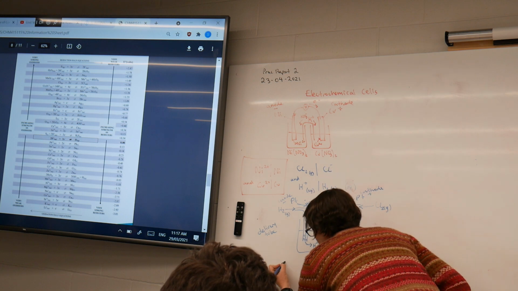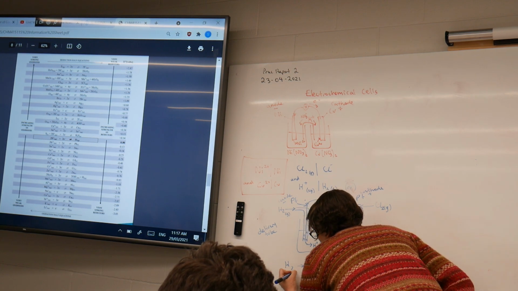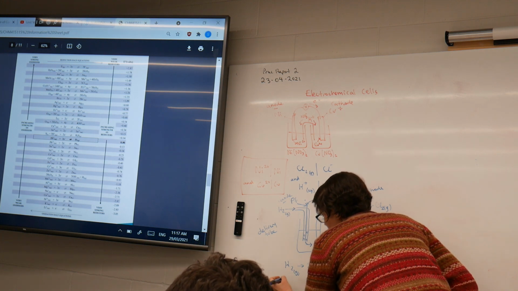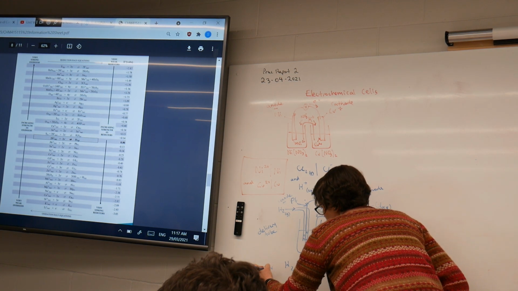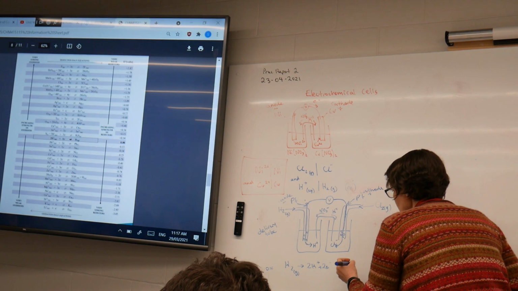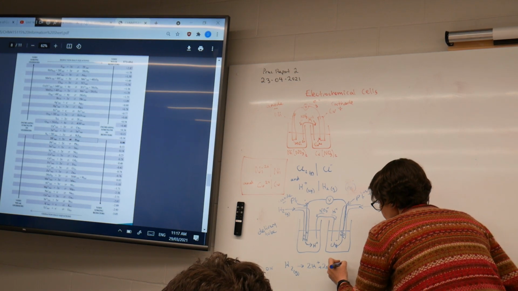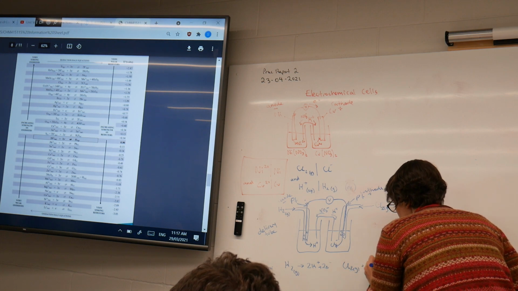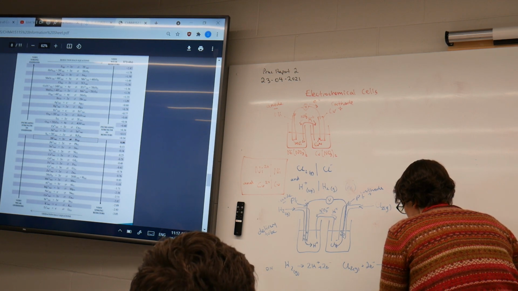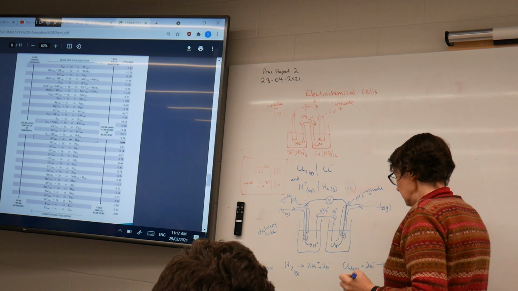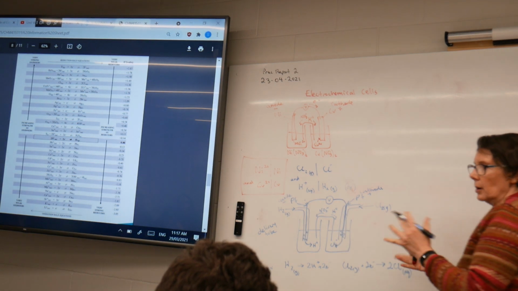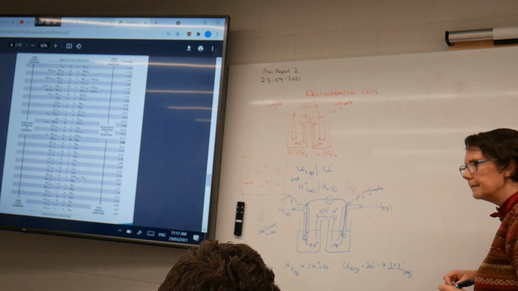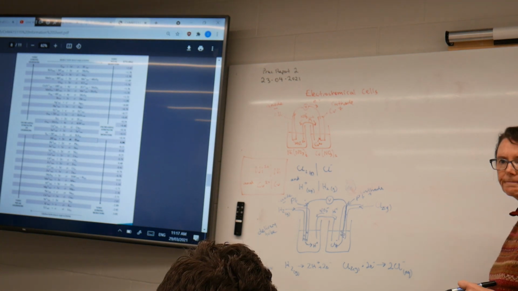So we've got H2 going to 2H+ plus 2e- is obviously oxidation. And reduction here, Cl2 gas plus 2e- goes to 2Cl-. Okay, so that confirms that I've got my half cells around the right way and I've got the reaction around the right way. Does that make sense?